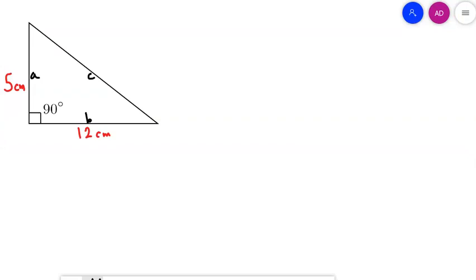So in this first example, we're going to find the length of the hypotenuse. So remember, the hypotenuse is the longest side of a right angled triangle. I've already labelled it C, and the two shorter sides have been labelled A and B, and they're known as the legs. So the formula is a squared plus b squared equals c squared, but I prefer to write it as c squared equals a squared plus b squared.